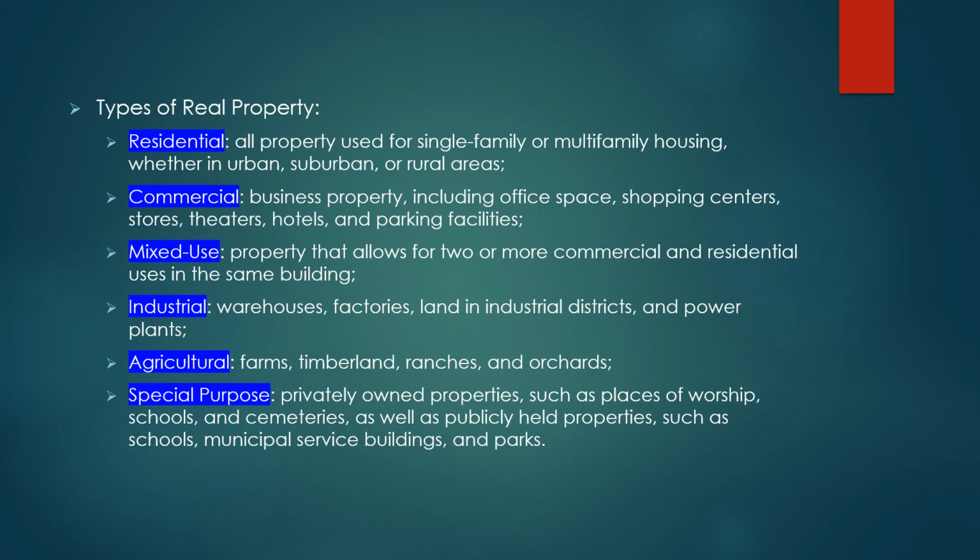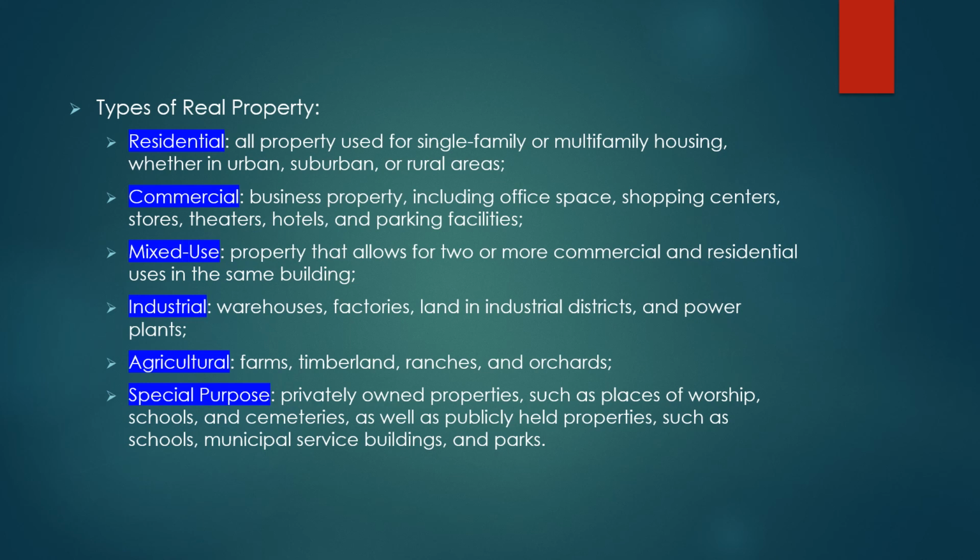Commercial property is business property, including office space, shopping centers, stores, theaters, hotels, and parking facilities. Mixed-use property allows for two or more commercial and residential uses in the same building. Industrial property would include warehouses, factories, land in industrial districts, and power plants.